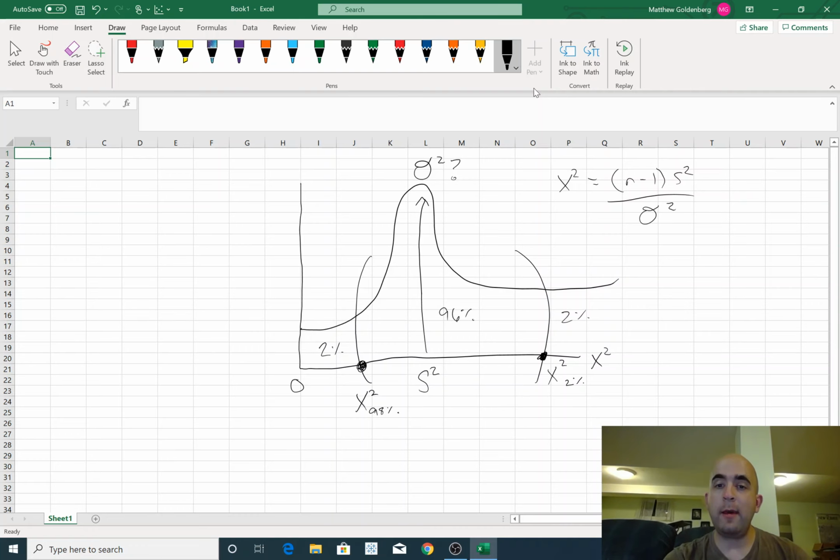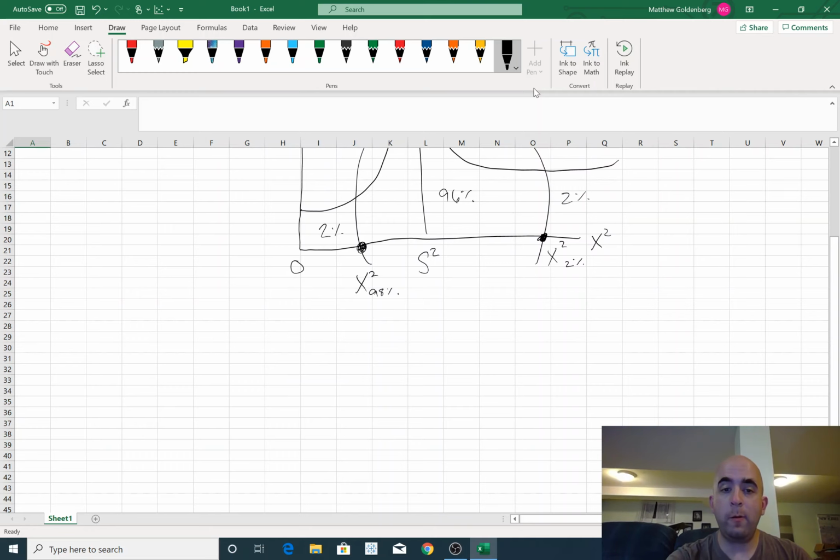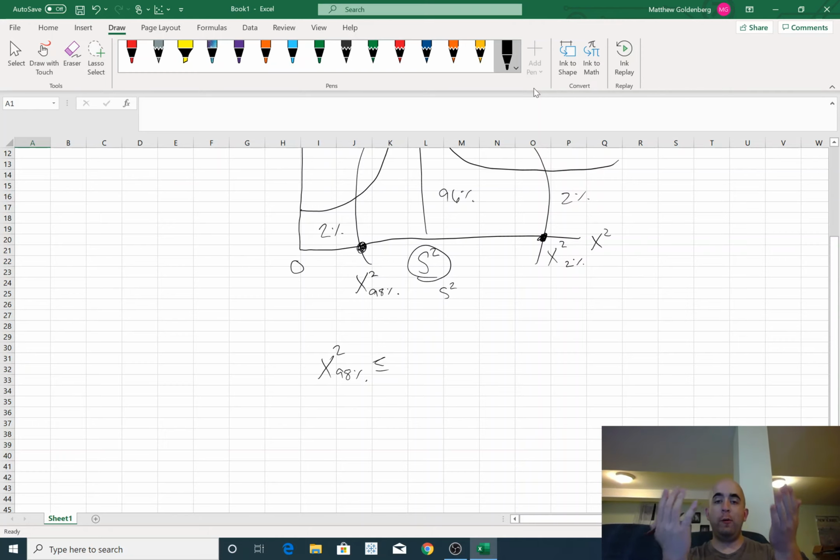Now, if we're setting this up mathematically to get 96% in the middle, it's really the chi-squared of 98% to the right less than or equal to whatever this is. But we can't just use s squared. We have to compare on like or similar values, so we have to make this chi-squared.